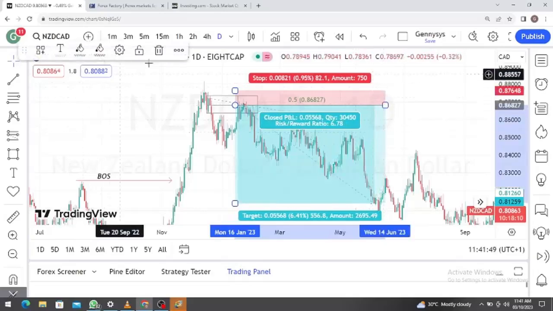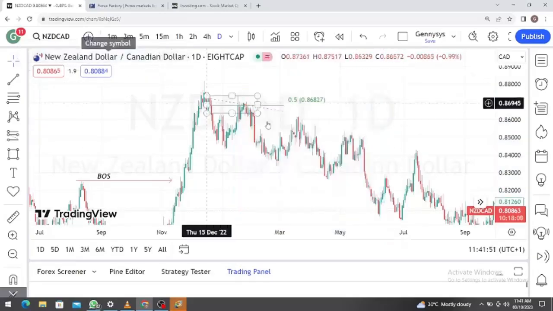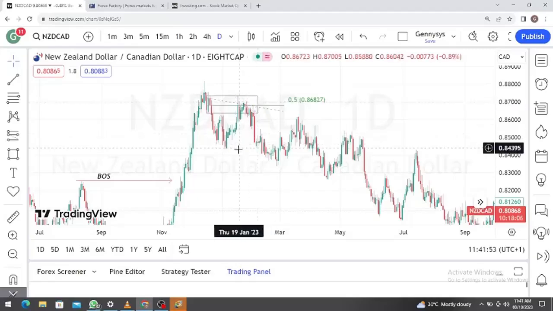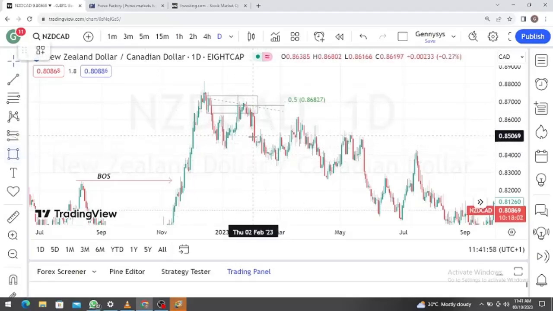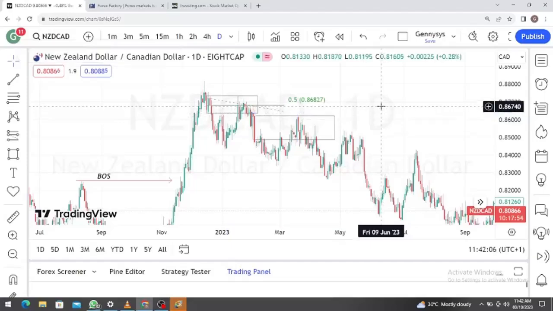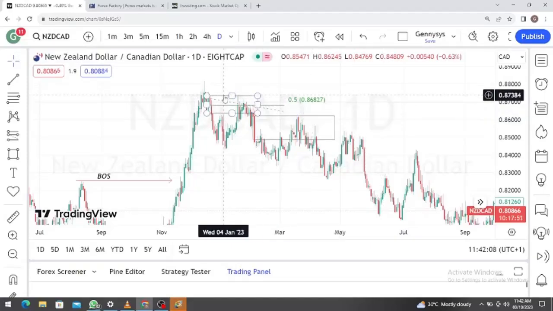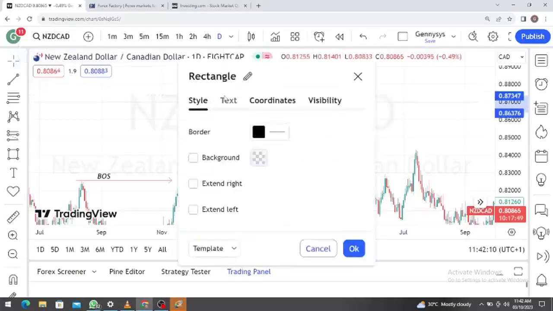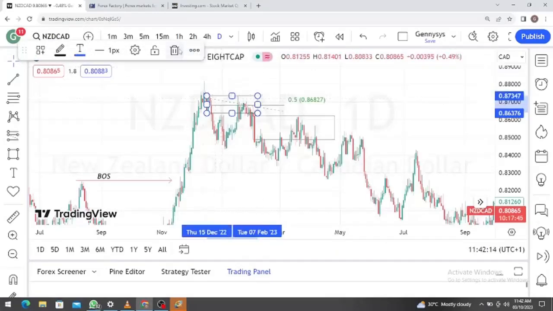Okay, what else can we see? We see an imbalance here. Right, an imbalance here, and we talked about premium zones, right?